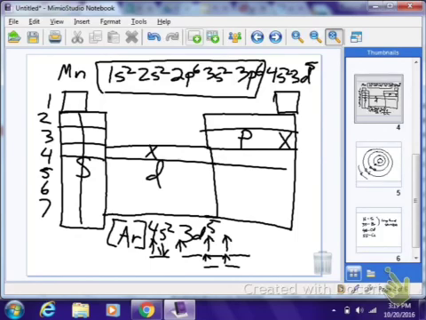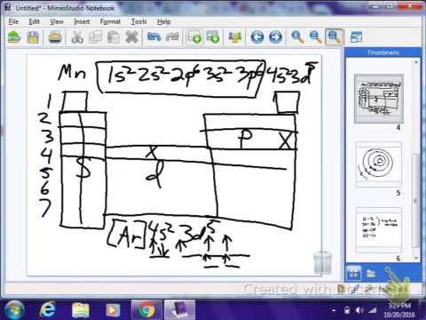Because it's 4s1, right? 4s2, 3d5. She's talking about, on the table, it starts at scandium. That's one of those ones that we don't go into. AP Chemistry usually has to figure out that and the reason why.